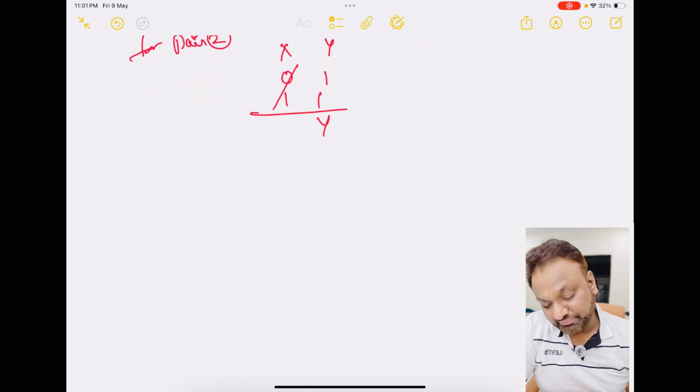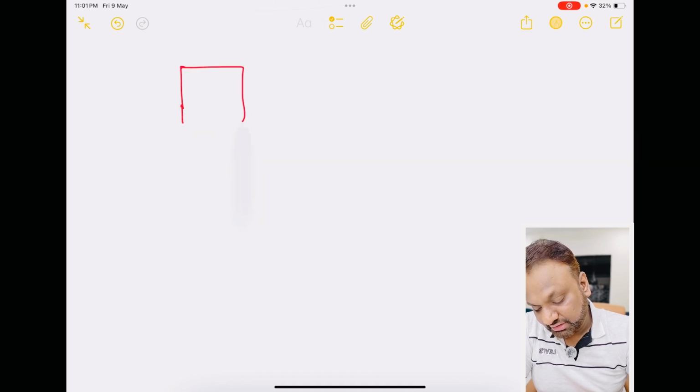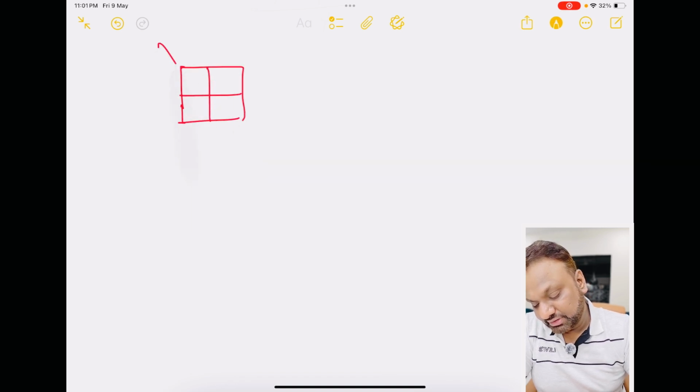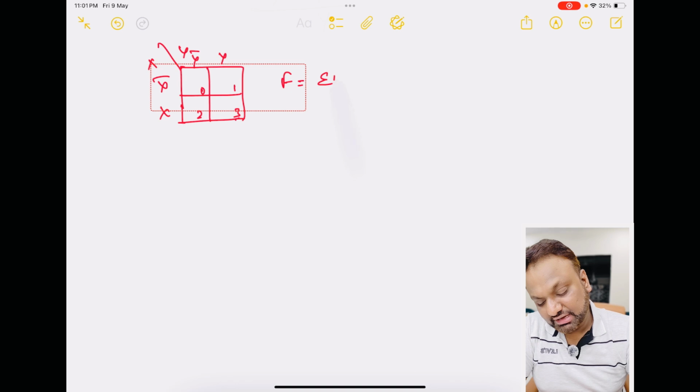We can also have it like this. One step further, you see here this KMap x y, x bar x, y bar y. I can number this as 0, 1, 2, 3. In the sum of products form, SOP form, this is sigma m of 0, 1, 2.